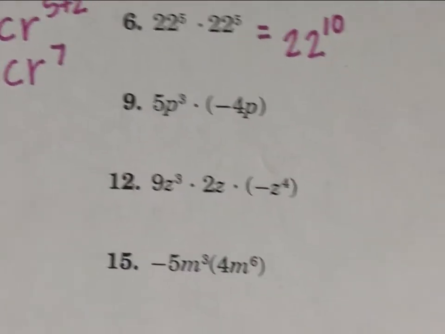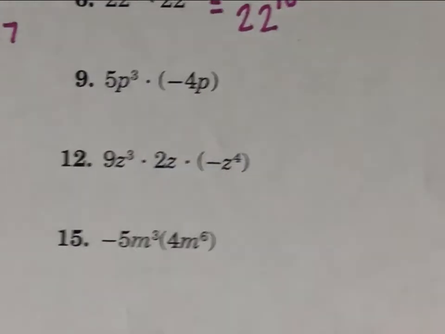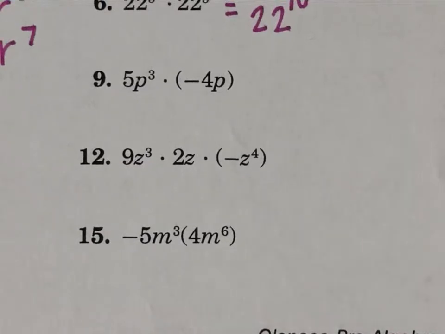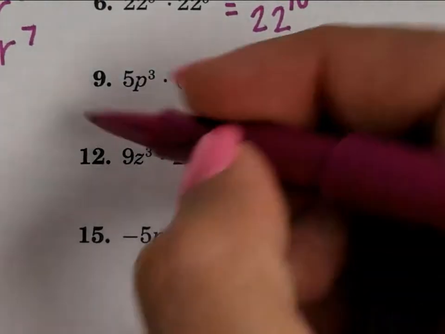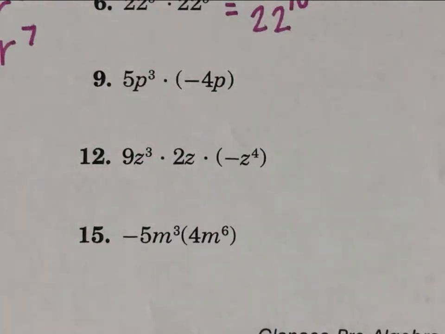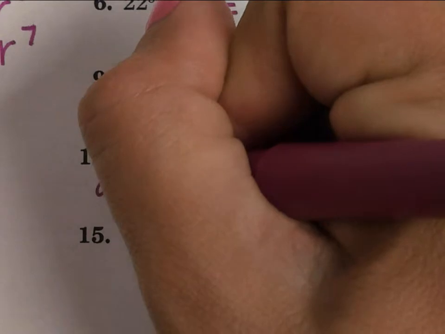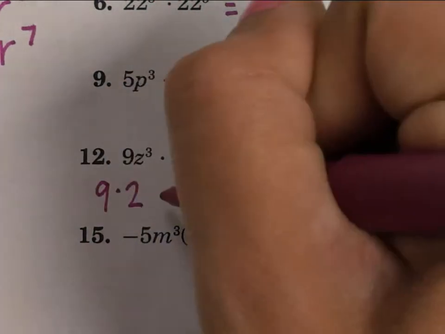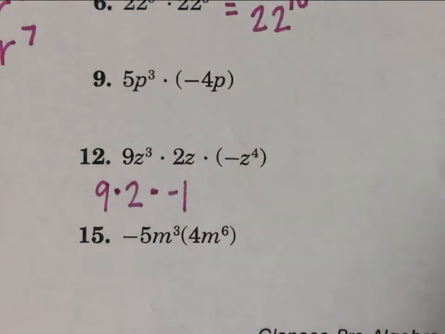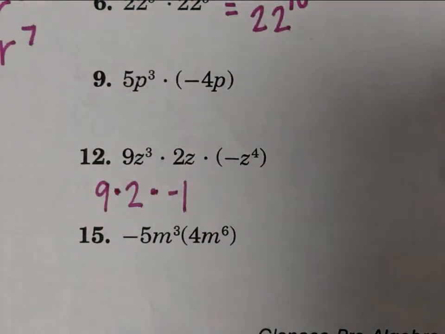Alright, let's skip over to number 12, since it has 3 terms. I've got 9z cubed times 2z times negative z to the 4th. So the first thing I'm looking at is my coefficients. So I've got a 9, a 2, and a negative 1, correct? So I can just multiply all those together. And then, do I have a common base?